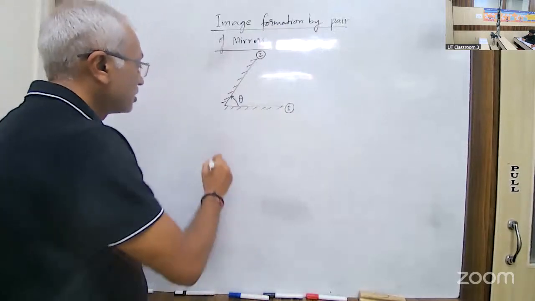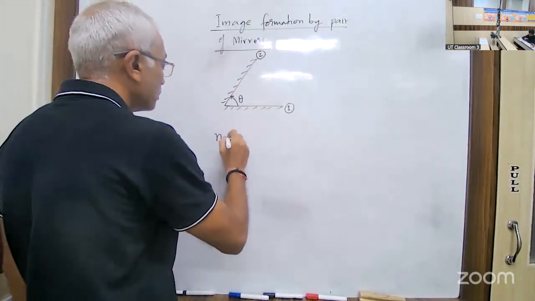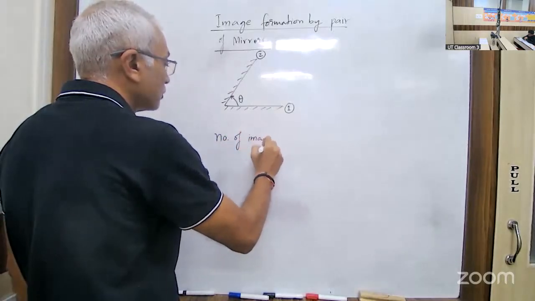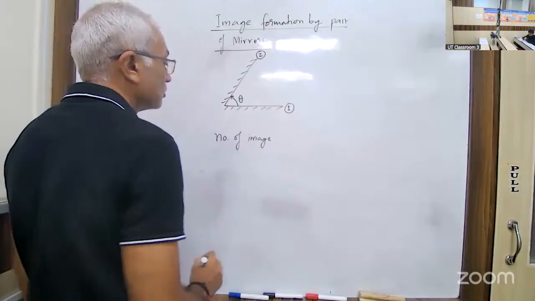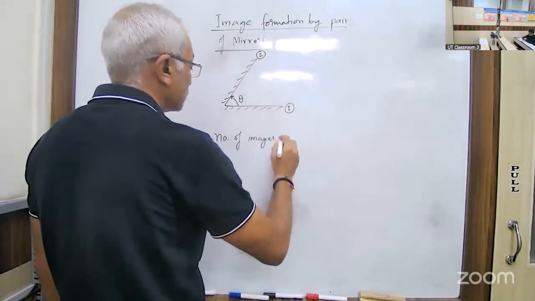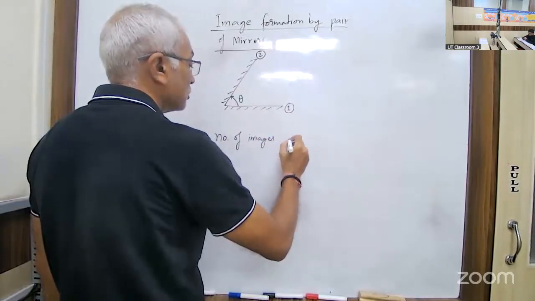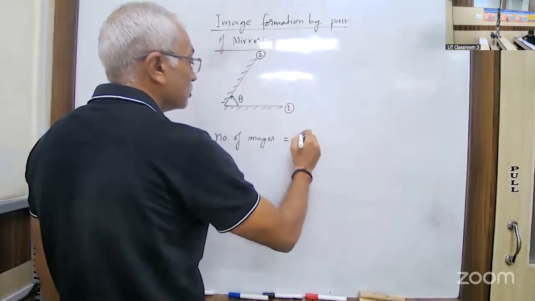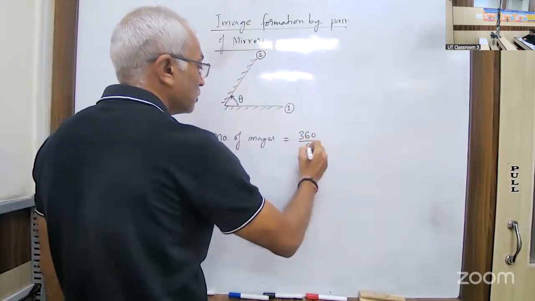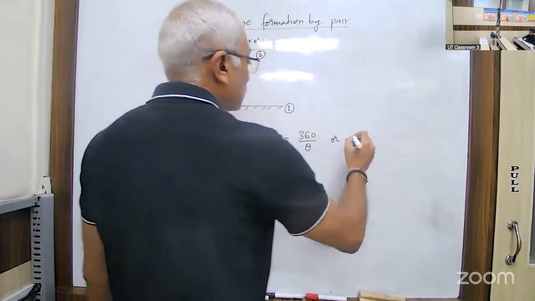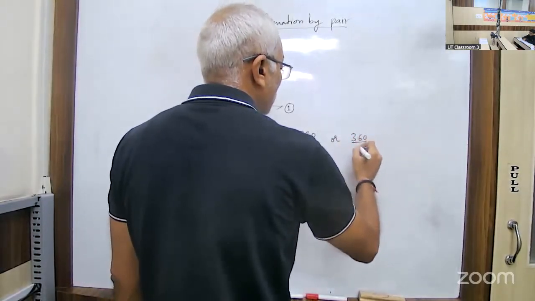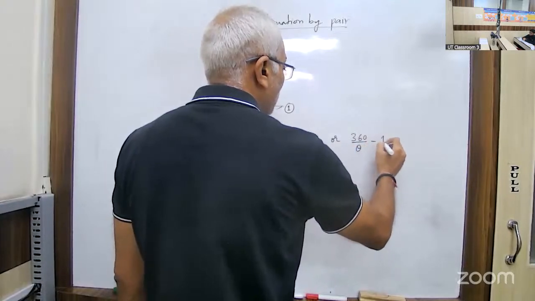Then number of images is equal to 360 divided by theta or 360 divided by theta minus 1.